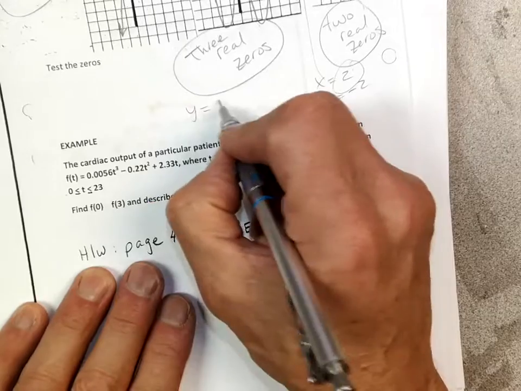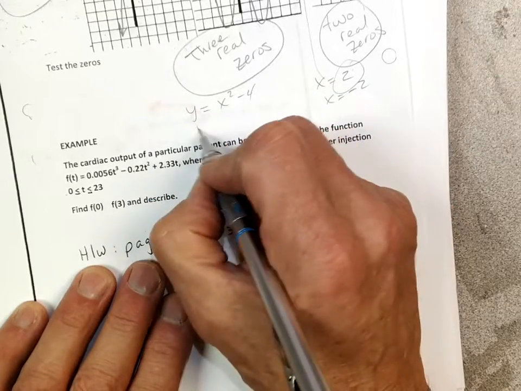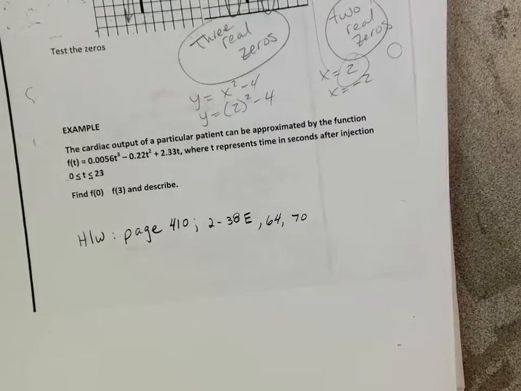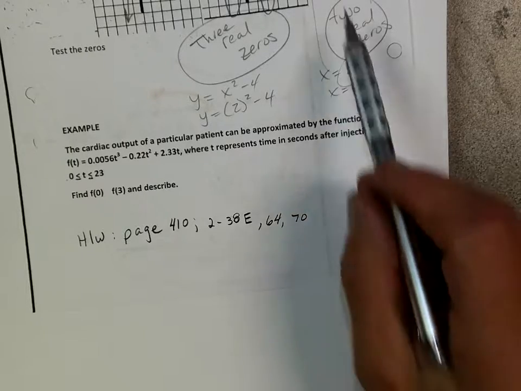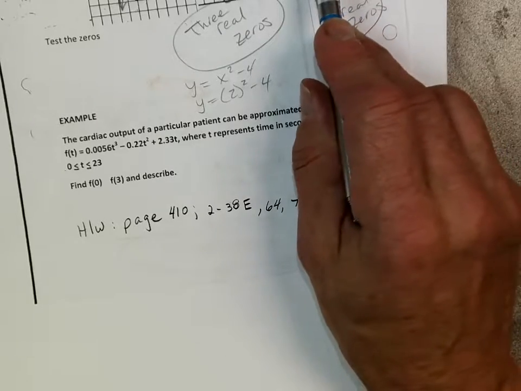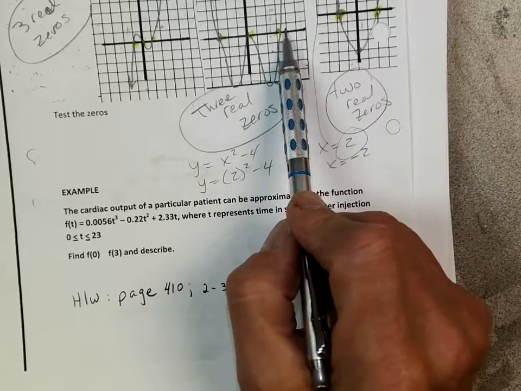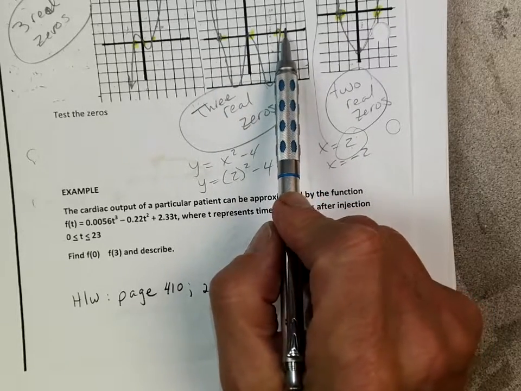I'd have y equals x squared minus 4, or y equals 2 squared minus 4, which is 0. Any number plugged in that makes it equal to 0 is a 0. They also happen to be the x-intercepts, until we get to imaginary numbers, which we won't talk about today.